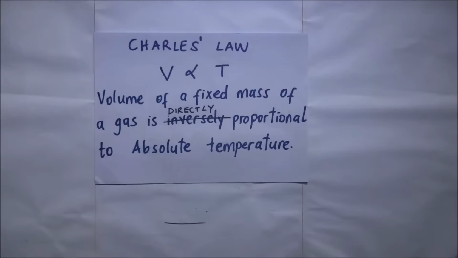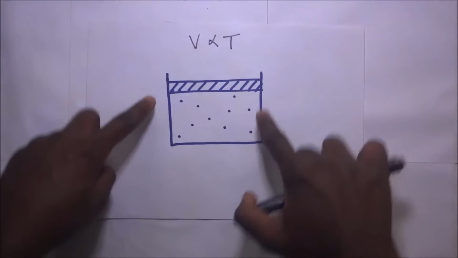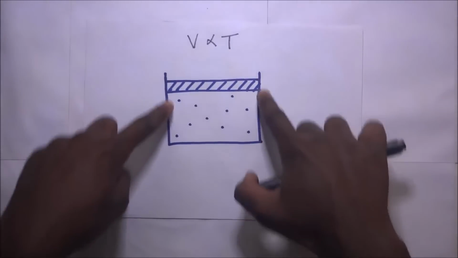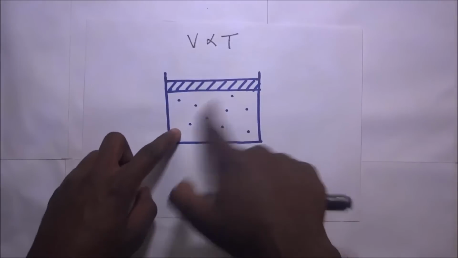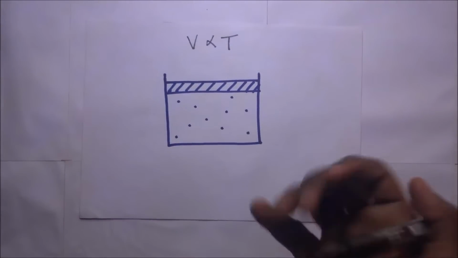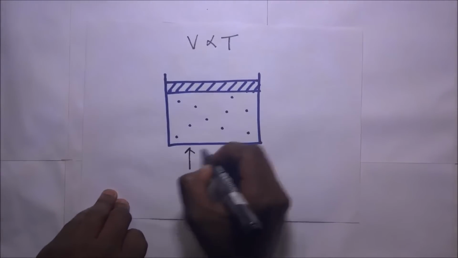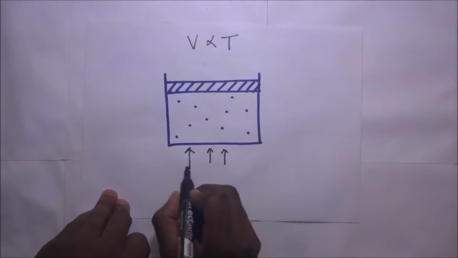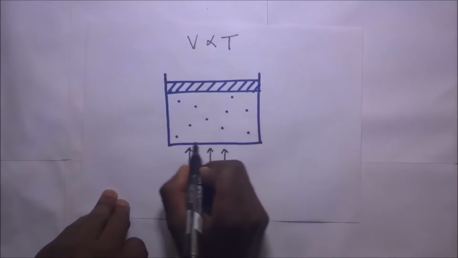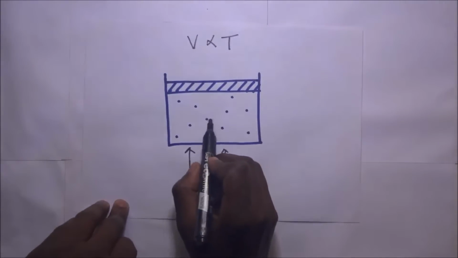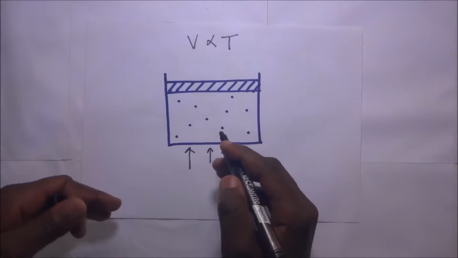Again, to explain this law using the kinetic theory, I'll still use a diagram. We shall use this illustration. This is a container having some gas particles. If I increase the temperature of these particles, let's say I subject this to heat, the temperature of these gas particles is going to increase.